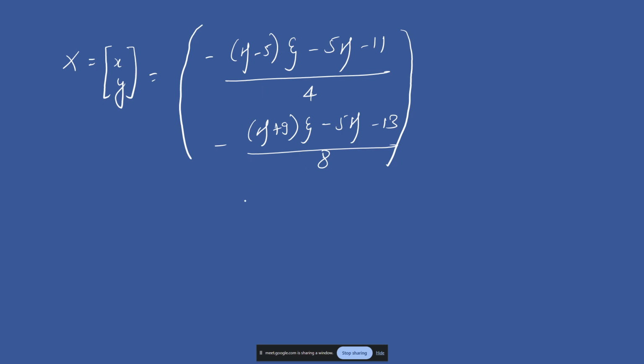So finally we got the coordinates in terms of xi and eta.